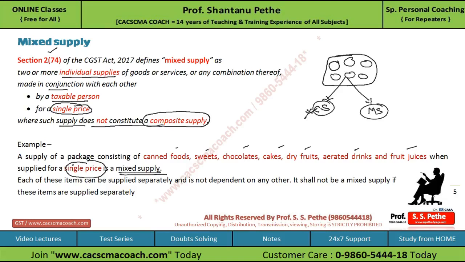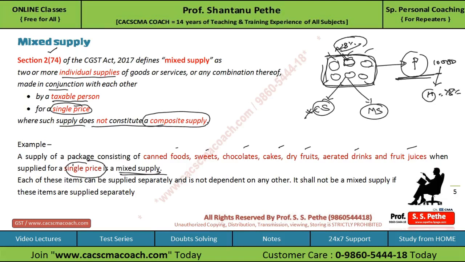So these items can be sold independently in the ordinary course of business, but here they are combined together and supplied for a single price, so it will be treated as a mixed supply, and the GST rate which is highest in any of these individual items will be applicable on this mixed supply. So as in our example, suppose 28% is the highest rate on any one individual item. The whole price, let's say, is 10,000 rupees for all these items. So here the GST rate will be the highest, that is 28%.